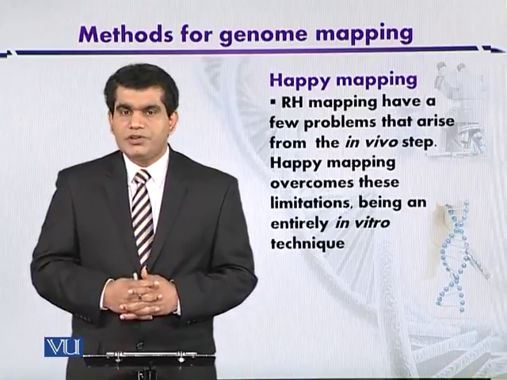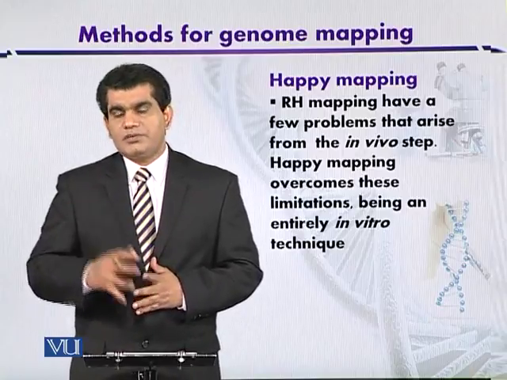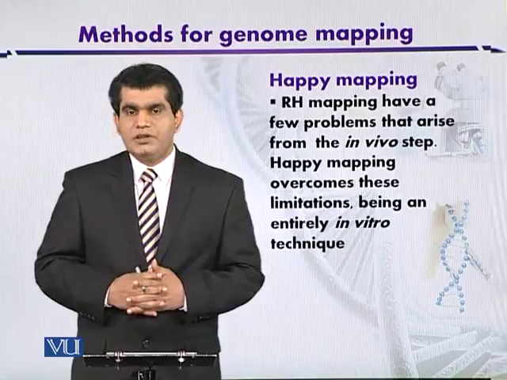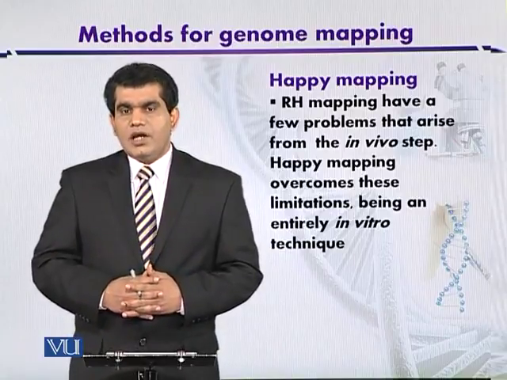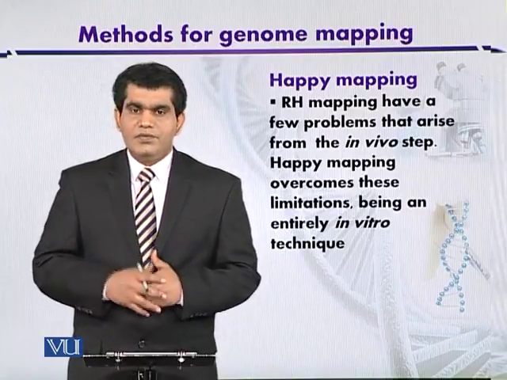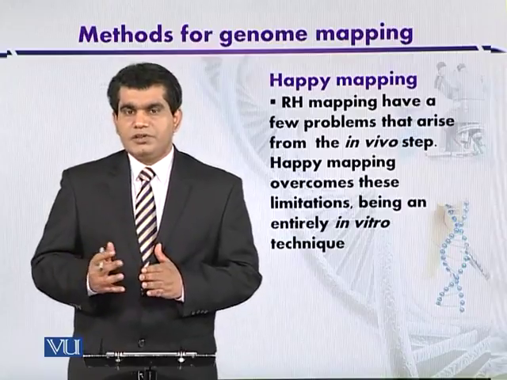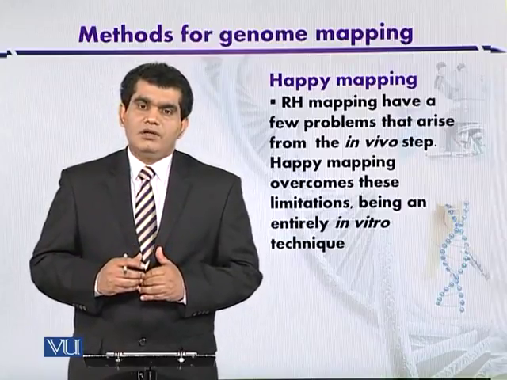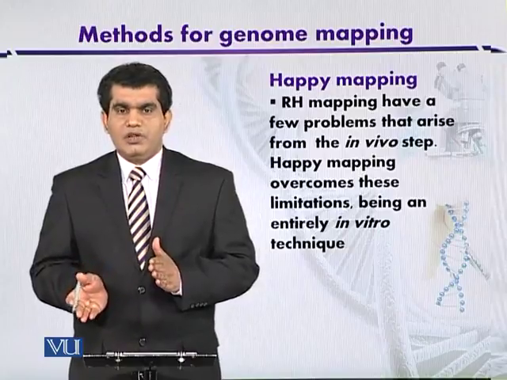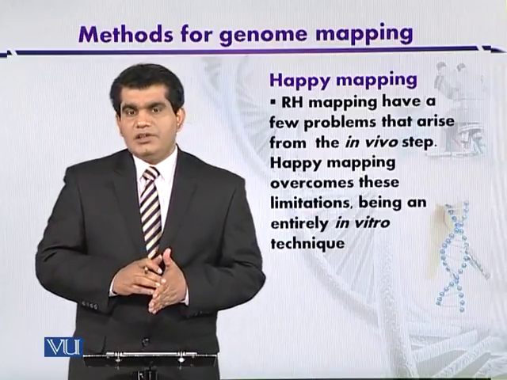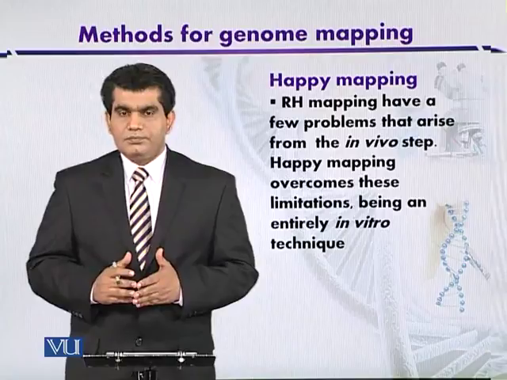Then some distortions may be there in different parts of the DNA sequences or centromeres, and it is difficult to distinguish between the genomic DNA that belongs to the irradiated cells and the host cell.